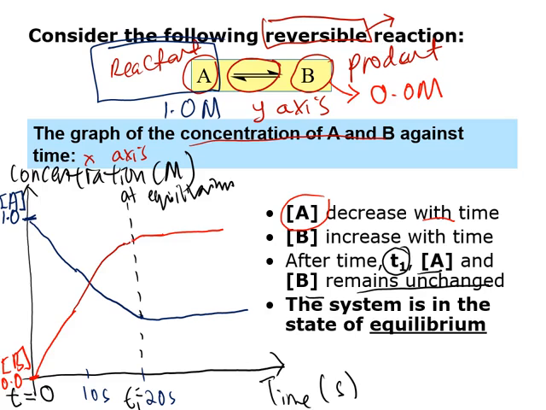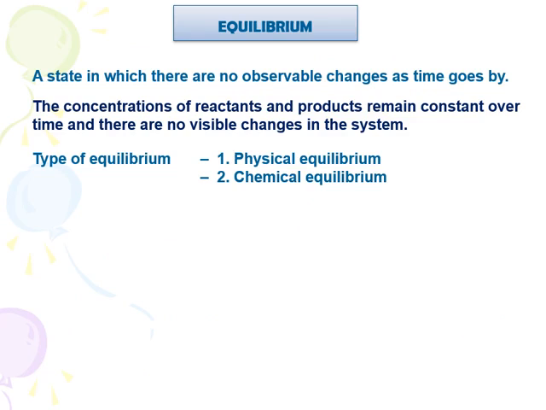Why? Ni kita tengok nanti. Kenapa kepekatan reaktan dan produk tidak berubah tetapi tindak balas masih lagi berlaku? Okay, so kita tengok what is meant by the equilibrium. Okay. Seterusnya kita tengok equilibrium. What is meant by the equilibrium? A state in which there are no observable changes as time goes by.